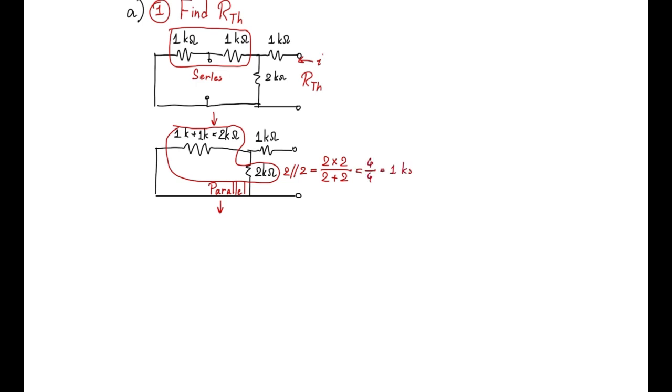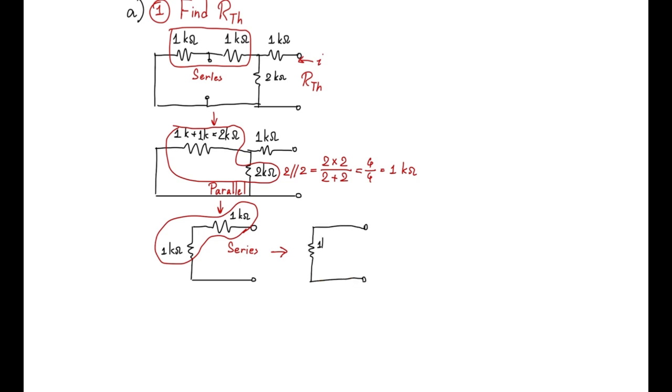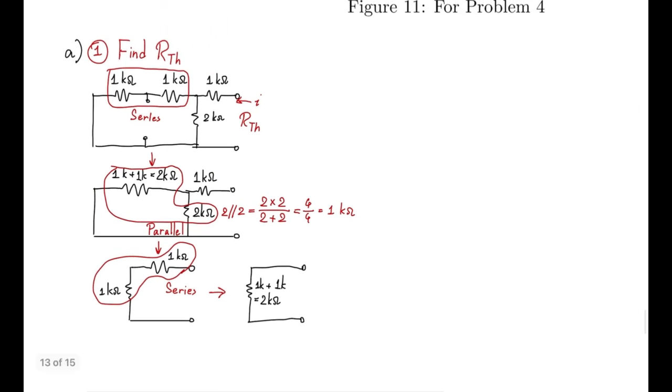This gives us a 1 kΩ resistor. Lastly, we get a couple of 1 kΩ resistors connected in series. Adding them together yields a 2 kΩ resistor. Thus, the Thevenin resistance is equal to 2 kΩ.